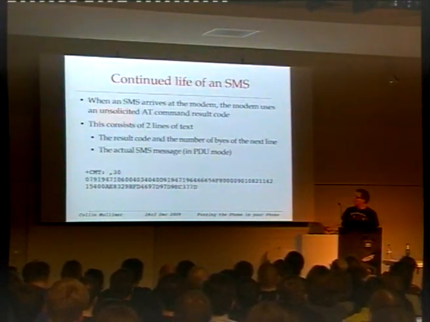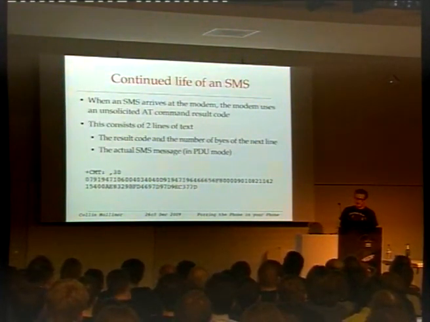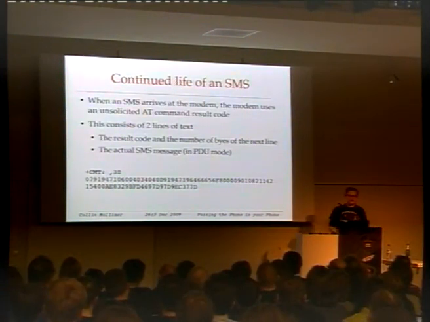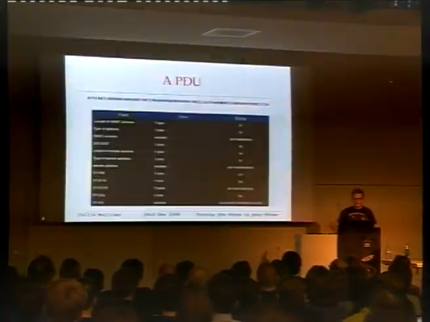First you have the command for, hey, here's a new SMS, and now you get 30 bytes of binary, and then you get the binary in hex, which is the complete SMS with sender number and the data at the end. That's basically how your iPhone gets an SMS via plain old AT command.